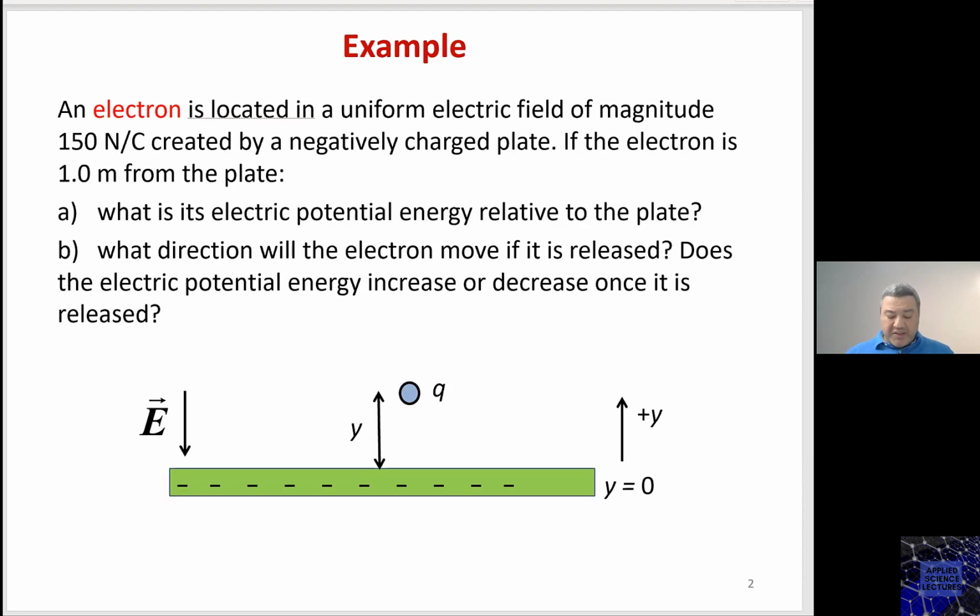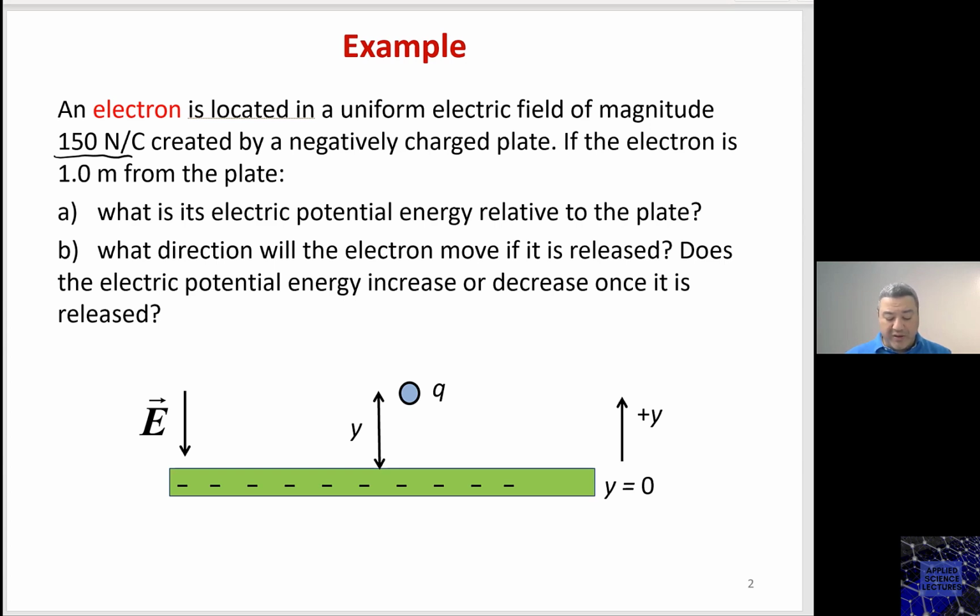So let's look at this example. We have a uniform electric field generated by this infinite plate, where we have an electron that is here at 1 meter from that plate. The electric field is uniform with a value of 150 Newton per Coulomb.